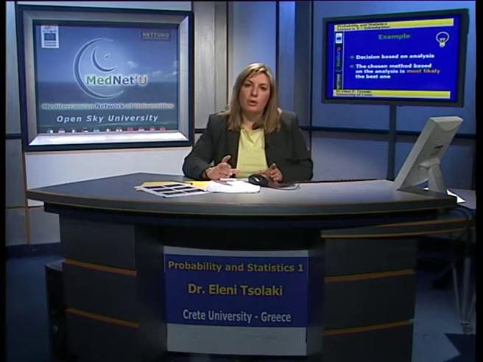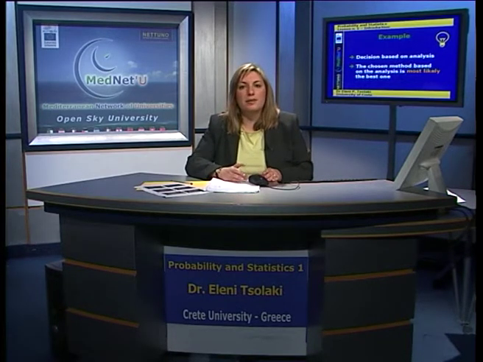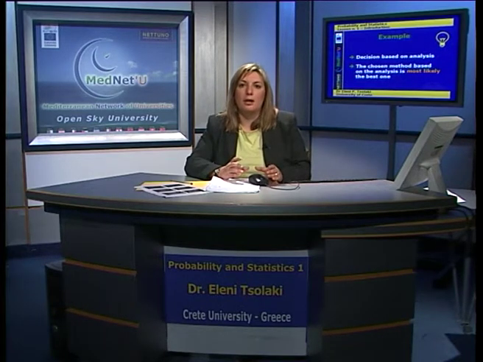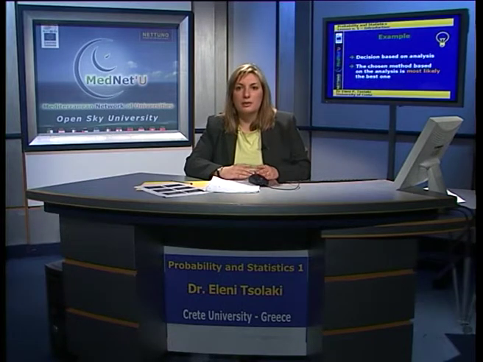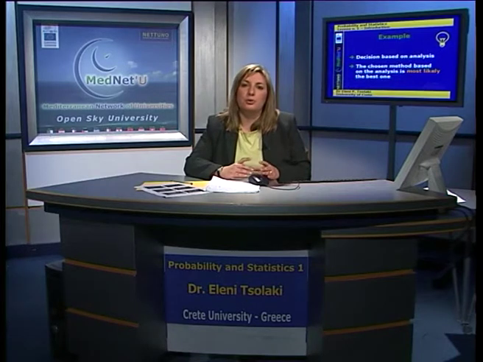It is very important, as we have seen in statistics, to make clear what the population is. If the population changes, if we want to derive results for another population, then we have to do the experiment again.